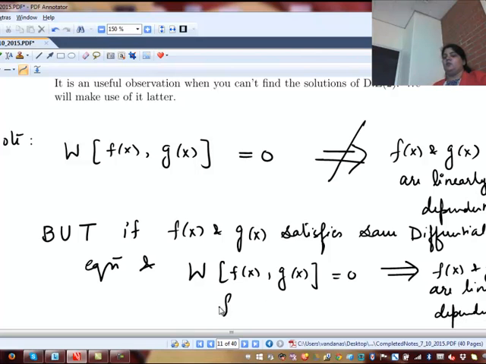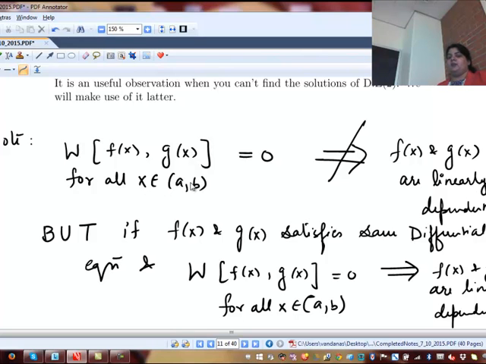And this is 0 not for one x, but for all x in the interval you are looking for a solution. So even if this is 0 for every point in the interval, that will not imply LD. But if you figured out that those two functions are satisfying the same differential equation and this is 0, then you can say yes, they are LD. Okay, so this is the key here.